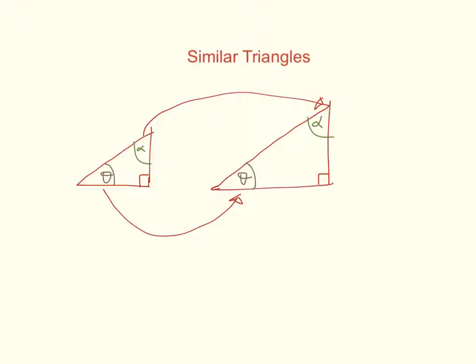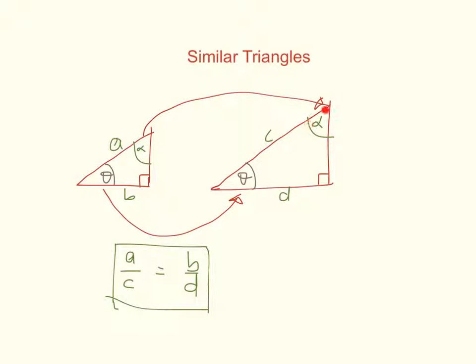If triangles are similar, then I'm just going to put some A, B, C, and D here. Then this is true: A over C is equal to B over D. So if triangles are similar, then this ratio is true. Notice what I've done here. I have taken the corresponding sides.